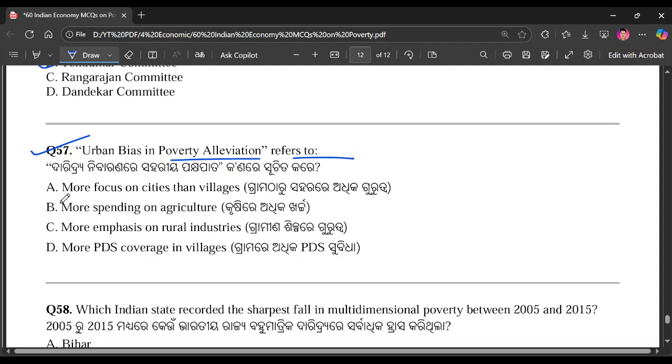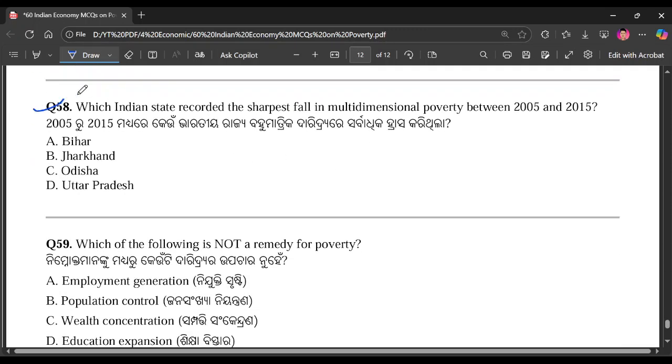Right answer is option number A. Question number 58. Which Indian state recorded the sharpest fall in multidimensional poverty between 2005 and 2015? Right answer is option number C.